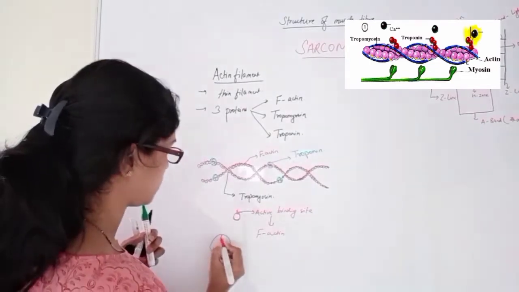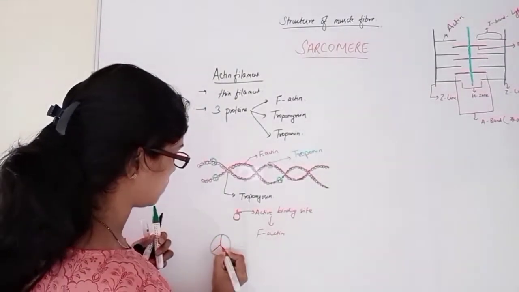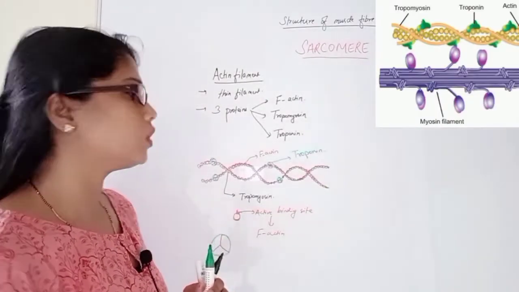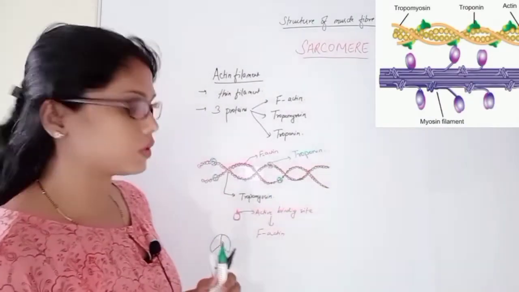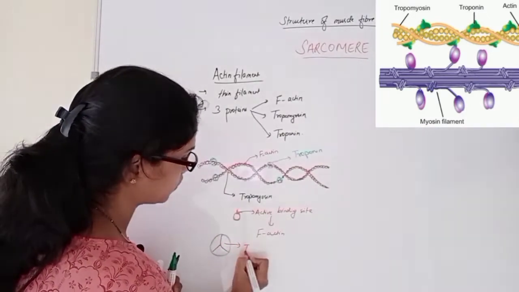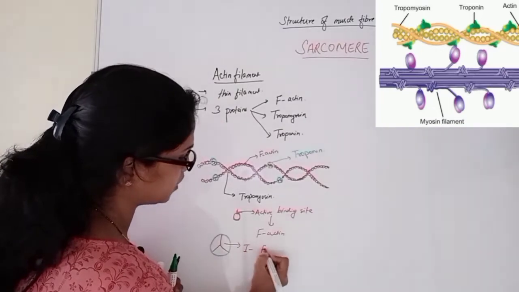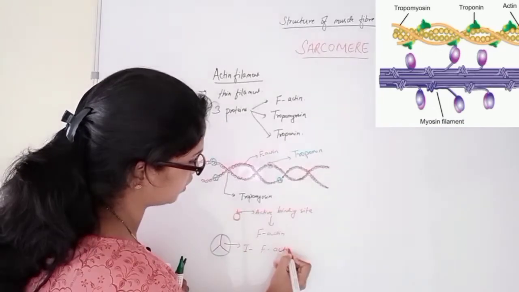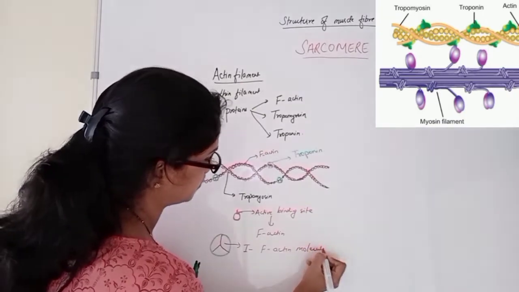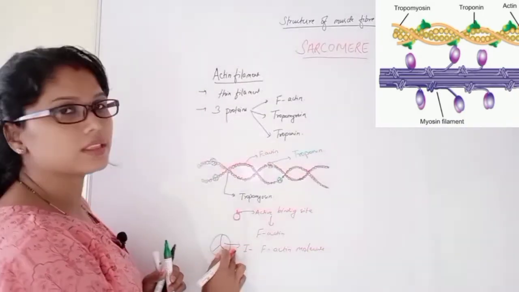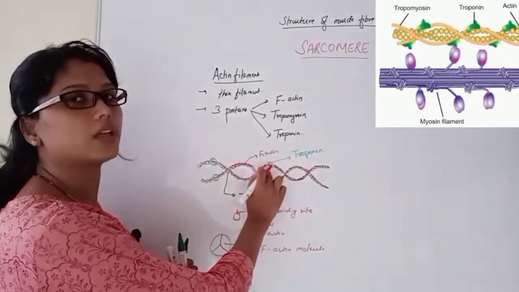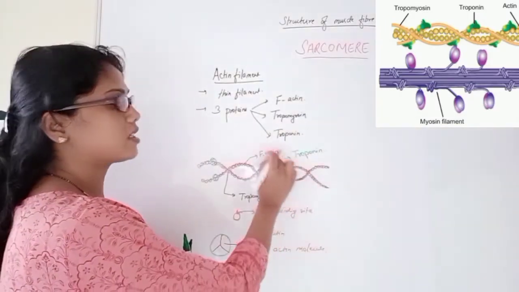Each subunit gets attached to other molecules. It has one subunit, I, for the attachment with the F-actin molecule. Through this subunit I, it gets attached to the F-actin molecule.